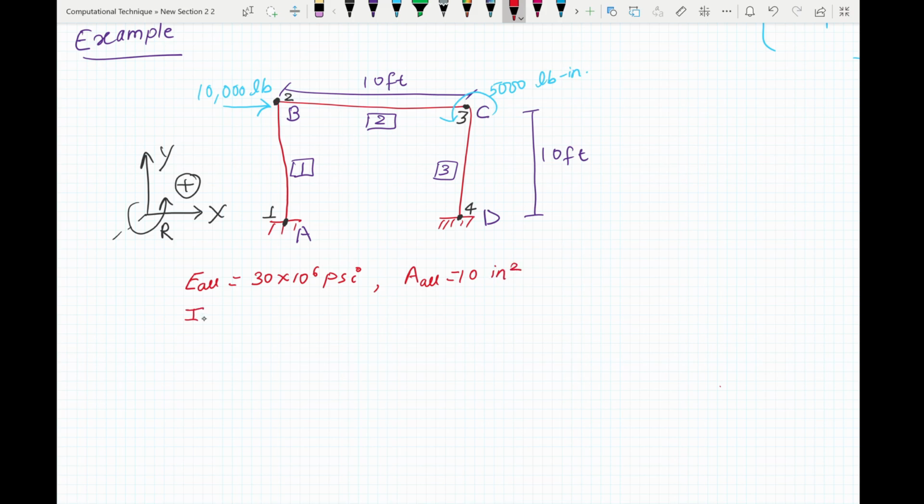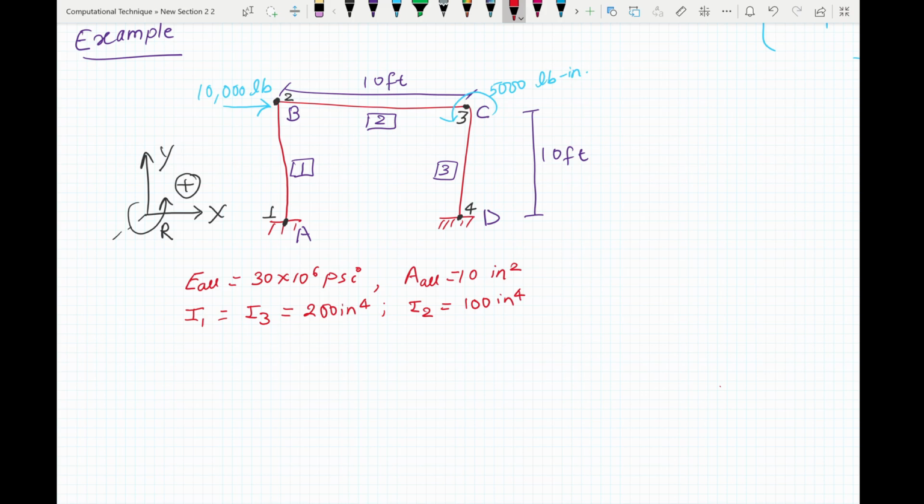The moment of inertia for element 1 and element 3 are equal, inch 4, but for element number 2 it is 100 inch 4.